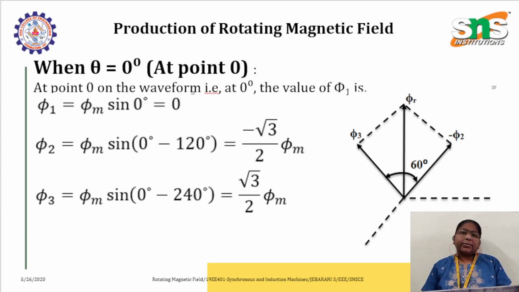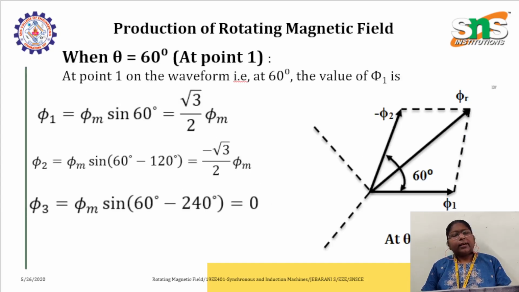When theta is equal to 0, the first phase is 0, and there exist only the second phase and third phase. If you take the vectorial sum of the magnetic field, it is 1.5 times the maximum value of flux.